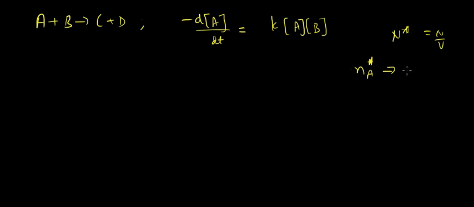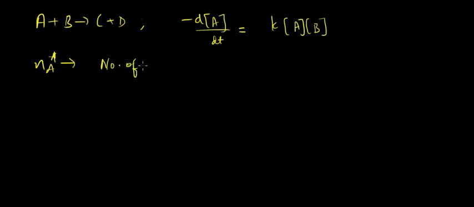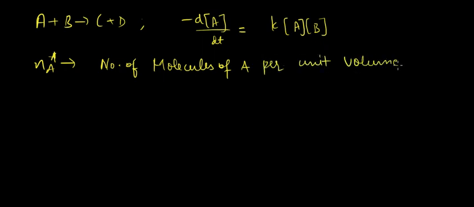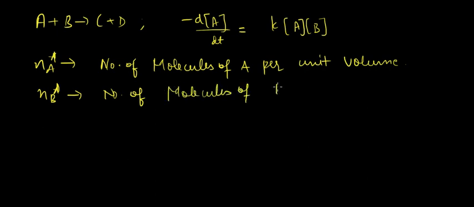Let's say Na star is the number of molecules of A per unit volume, and Nb star is the number of molecules of B per unit volume.